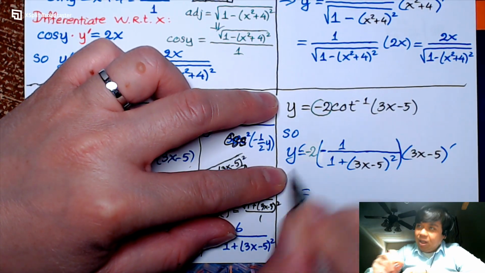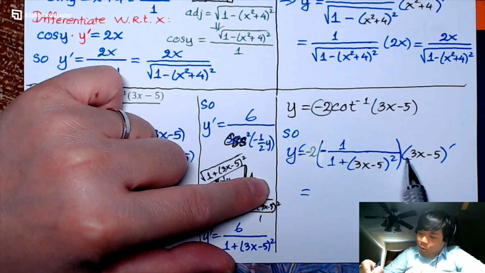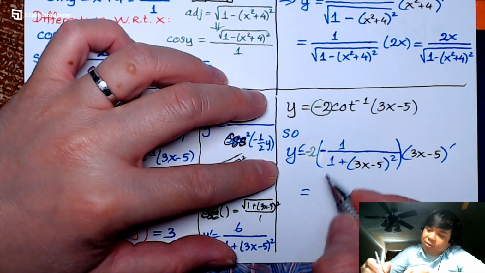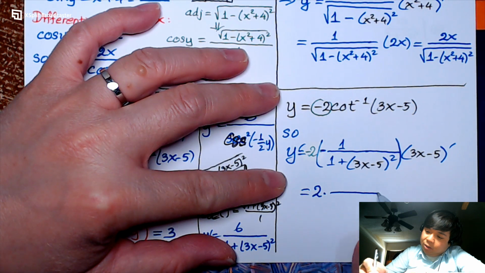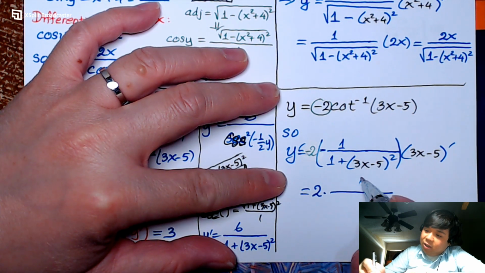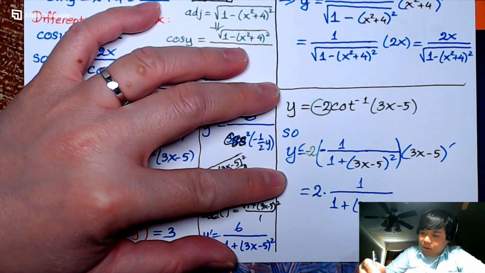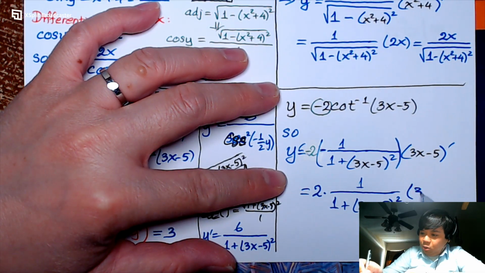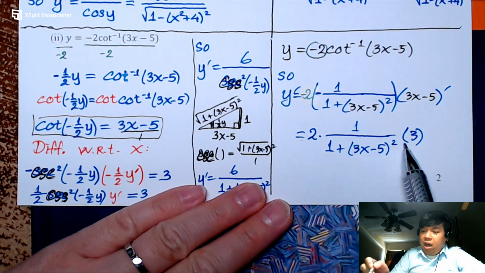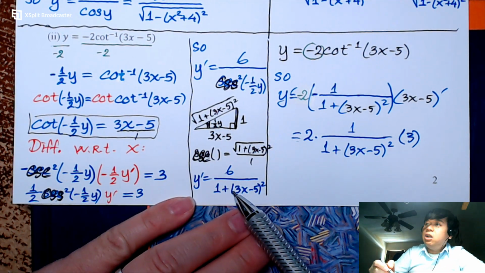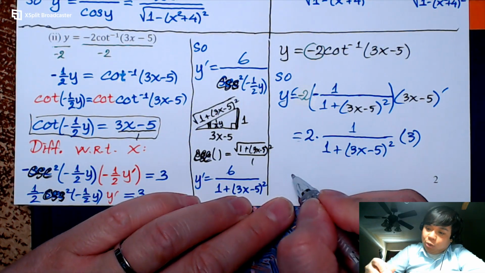And then derivative of that. So negative times negative makes it 2. Derivative of that is just 3. So if we use the formula, this is directly 2 times 3 is 6, and of course that will be the same thing as if we do that directly here.